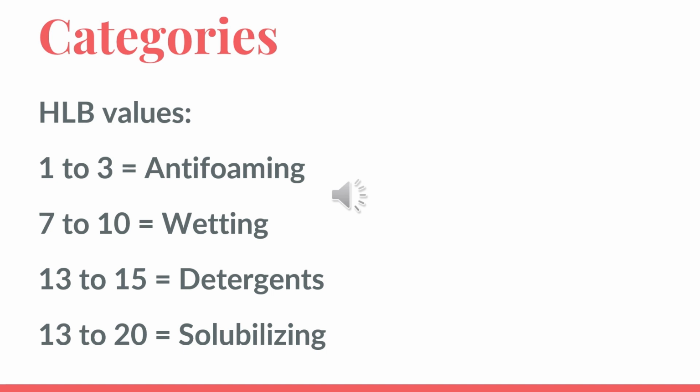If the value is 7 to 10, then such agents will be good wetting agents. If the HLB value is from 13 to 20, then such agents will be solubilizing agents. And finally, if the value lies between 13 to 15, then such surfactants will be detergents.